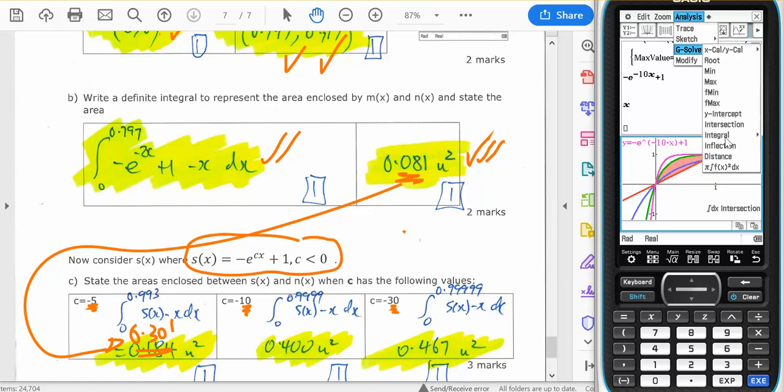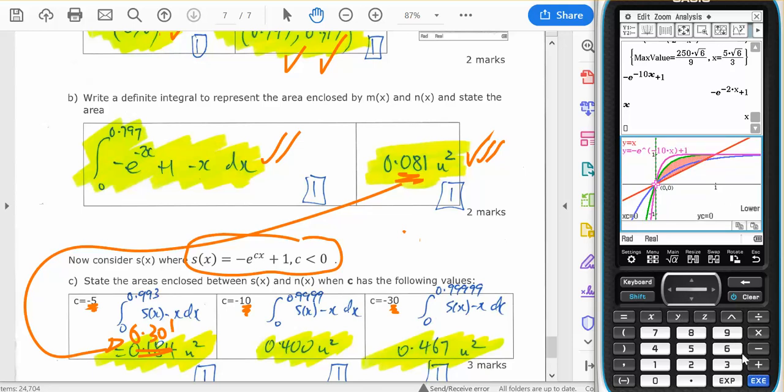Analysis, G-solve, integral, intersection. I don't want that one. I do want that one, so yes. And that's the top one I want. And I'll accept that one, and I go across and accept that one, and I get an area of 0.4.